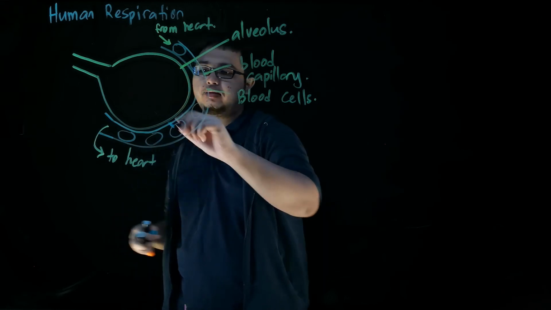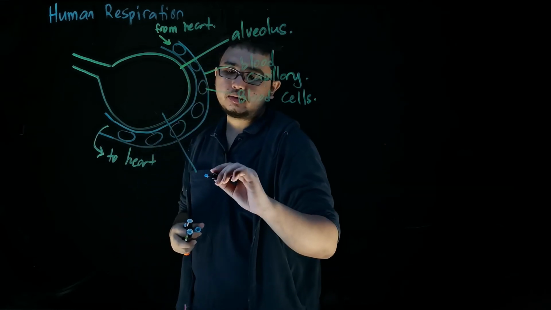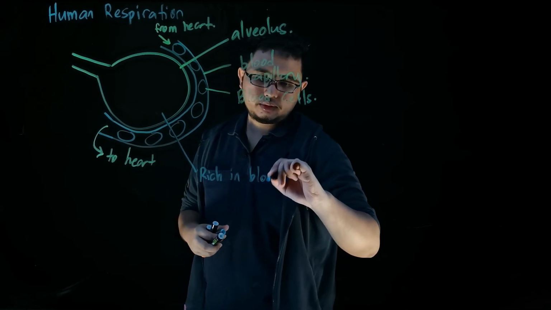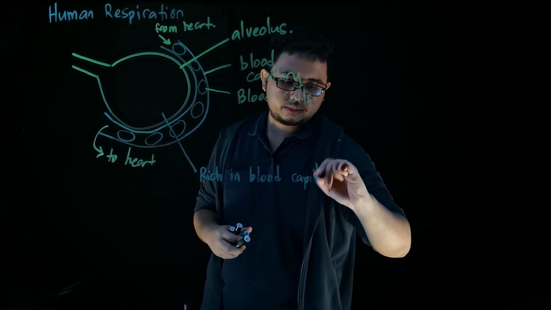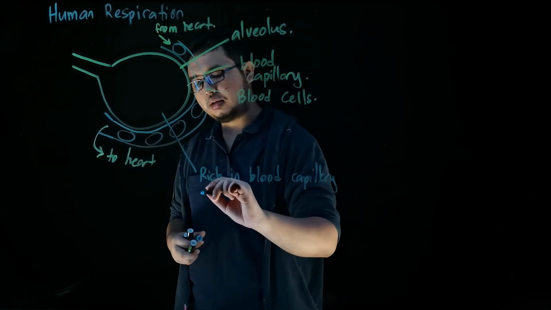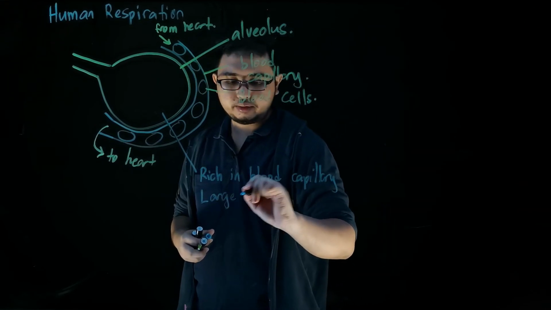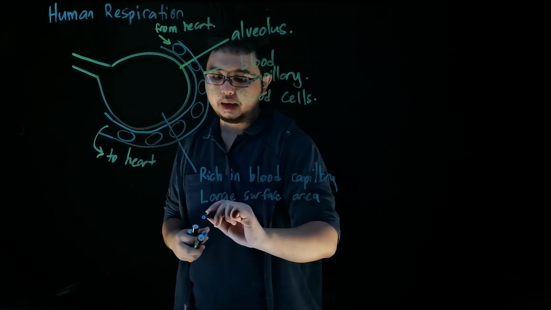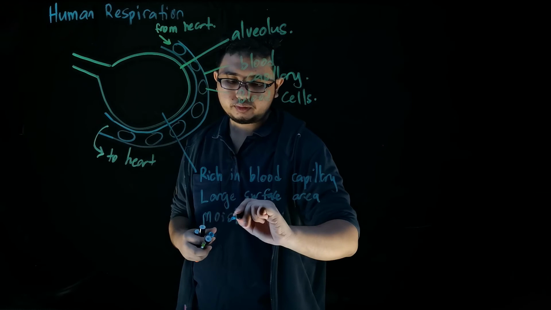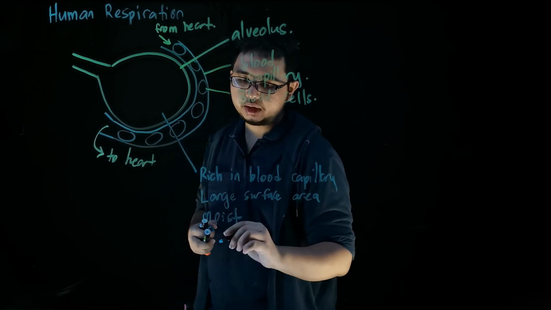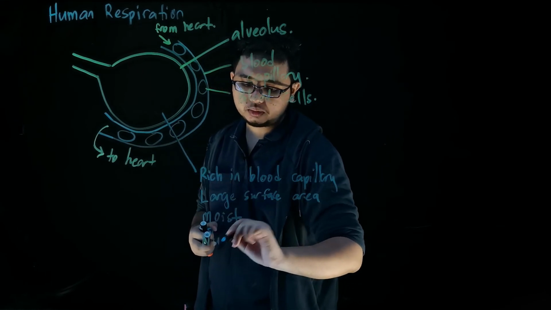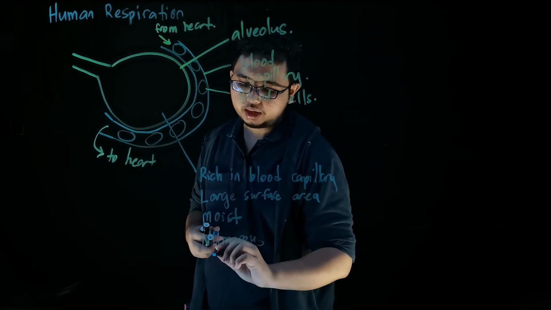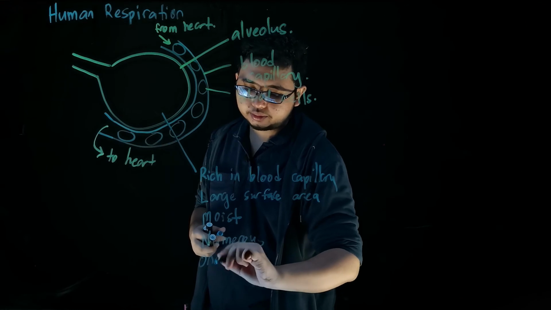It's actually a sac of air that is rich in blood capillary. They have large surface area. They are moist in nature. And your blood capillary is also numerous. Of course, when we talk about blood capillary, it is one cell thick.